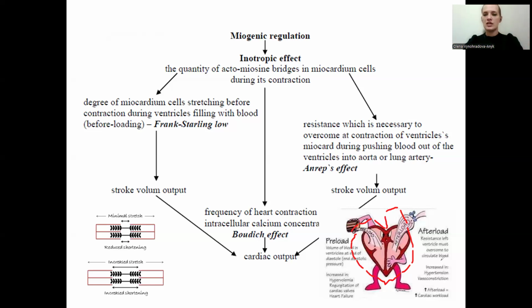If we are talking about the afterload law, how does it work? It works in the following way. The higher the peripheral resistance of the arteries, the more difficult it is for the heart to push blood out. That's why the heart will contract more strongly if pressure in the arteries goes up.